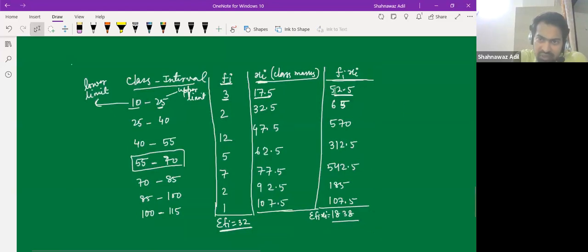Whenever you have these larger numbers, you can assume a mean.